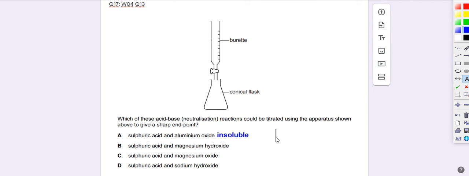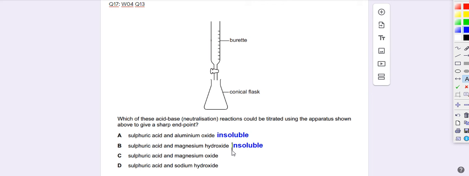Magnesium hydroxide. Magnesium hydroxide is also an ionic solid that has very, very low solubility. It's close to insoluble in water. So again, it is not suitable to use this apparatus to do the neutralization.